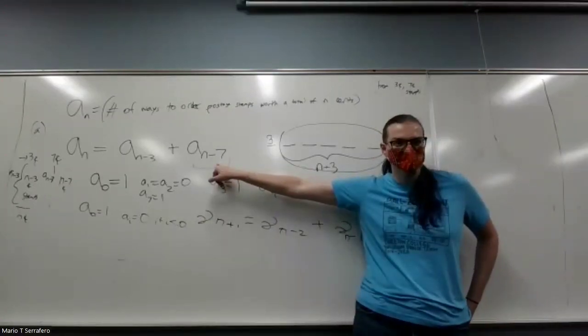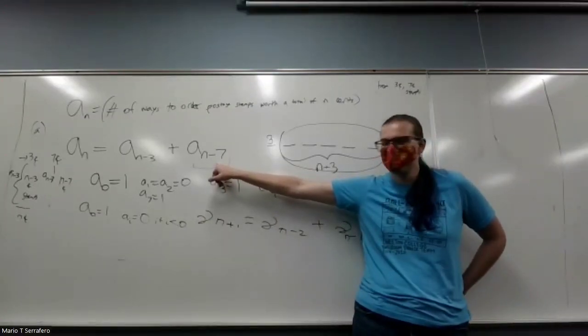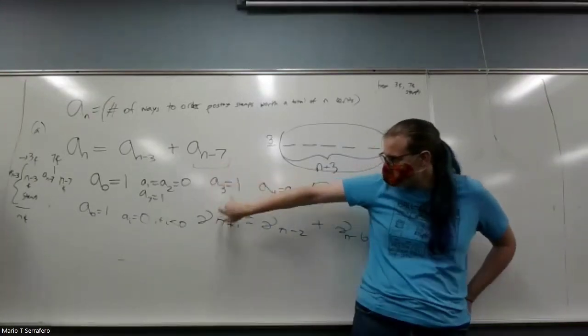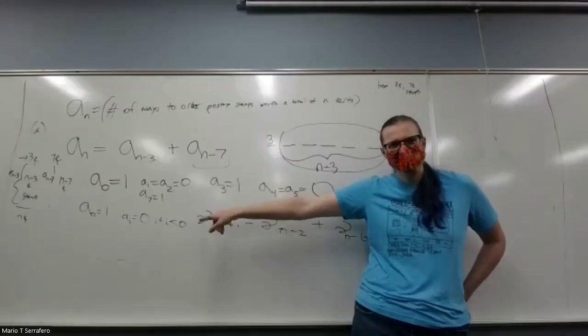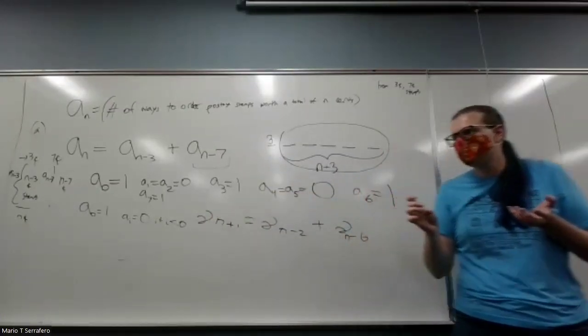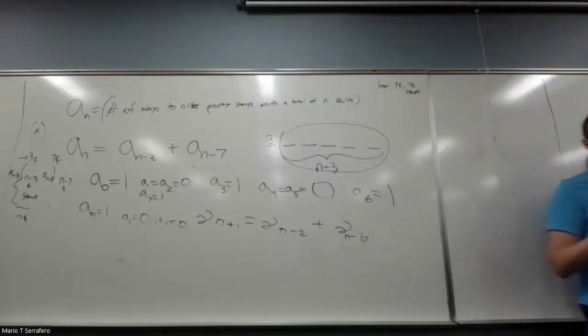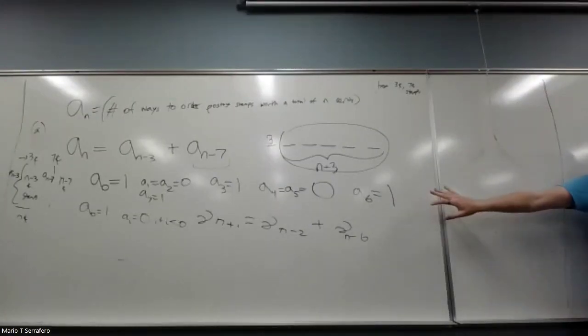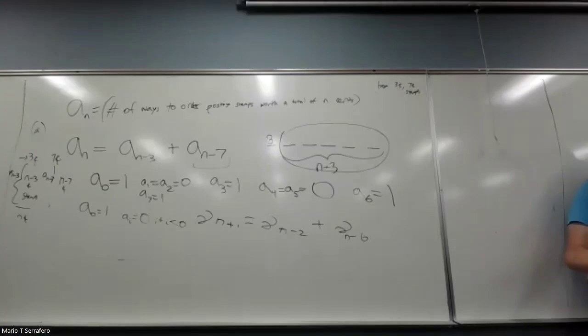The recurrence relation would still hold when n is greater than or equal to 7. So just because it works for these values when you do it like that doesn't mean it's always going to work out that way. It happens to work here, but I wouldn't count on it. Does that make sense?